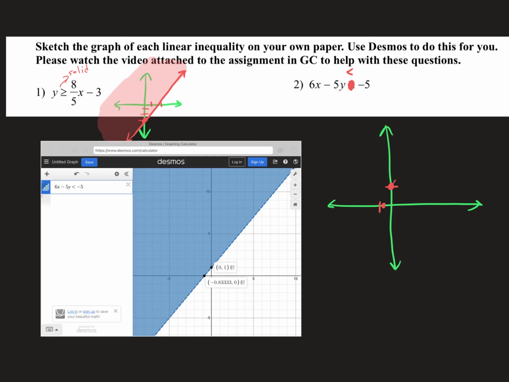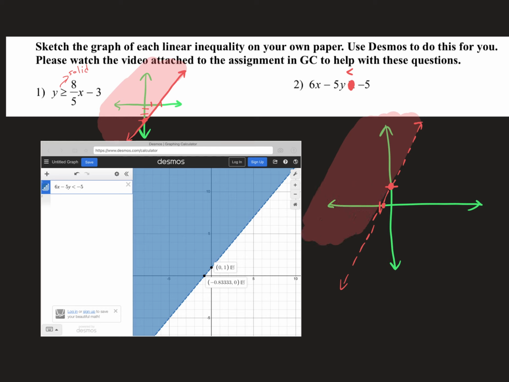Draw a dotted line between the points. And then I will shade again above my line. So if you have a highlighter, if you have a colored pencil, do that shading above the line.